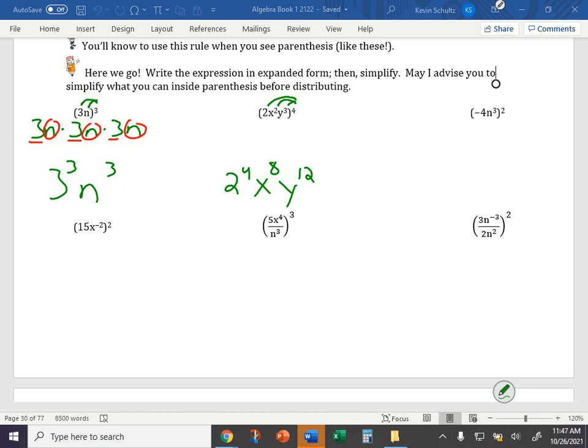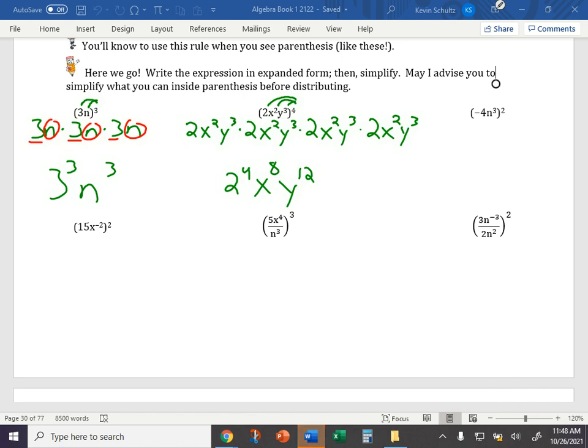In expanded form, we've got 2x squared y cubed times 2x squared y cubed times 2x squared y cubed times 2x squared y cubed, right? Everything inside of those parentheses is what's being taken to the 4th power. So we're taking that whole thing and multiplying by itself 4 times.